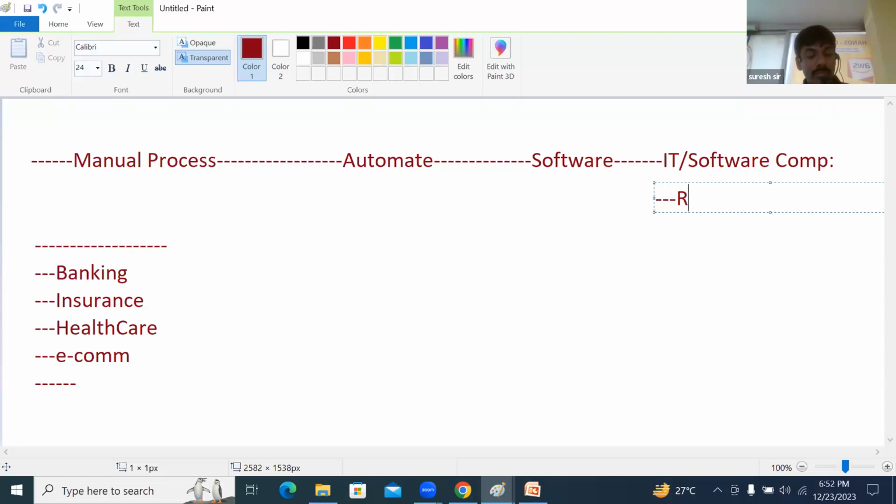The first one, mention that RFP. So RFP, considering that, request for proposal. What is it? A request for proposal or requirements for proposal.